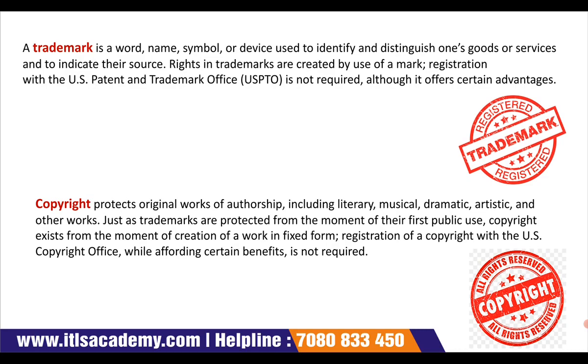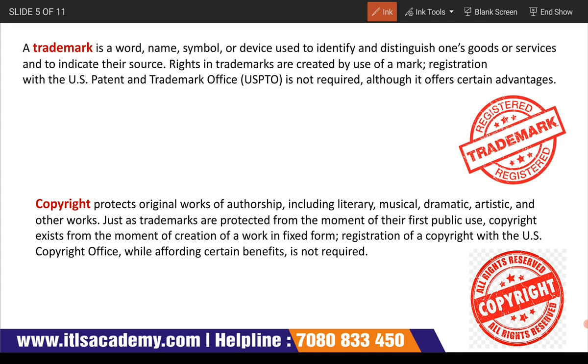So what is a trademark, and why is it so important? A trademark is a word, a symbol, or a device used to identify and distinguish one's own goods or services, and indicate their source. So a trademark is an identification symbol.